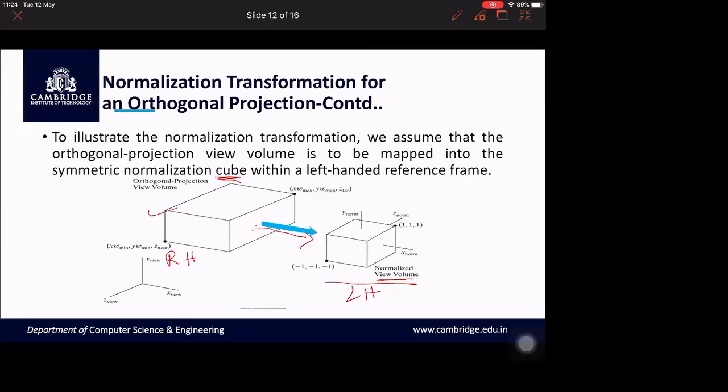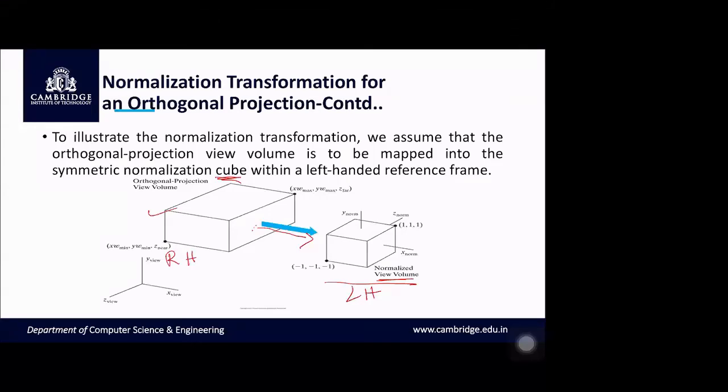Okay. In the last class you have seen when the coordinate systems are different, it was like this. This was a Z view. This was X, Y. So this is X, Y, and Z. In the last class we discussed how to project this right-handed to the left-handed or left-handed to the right-handed.